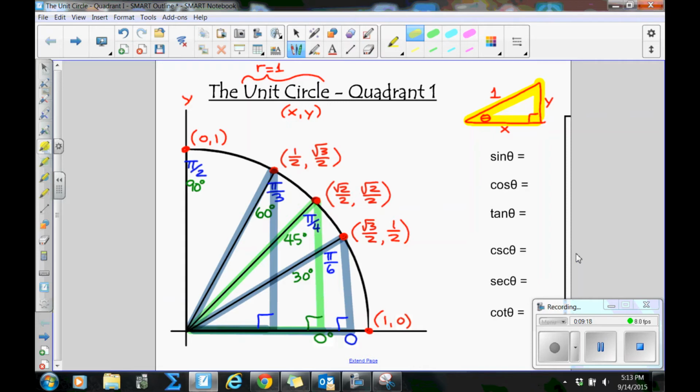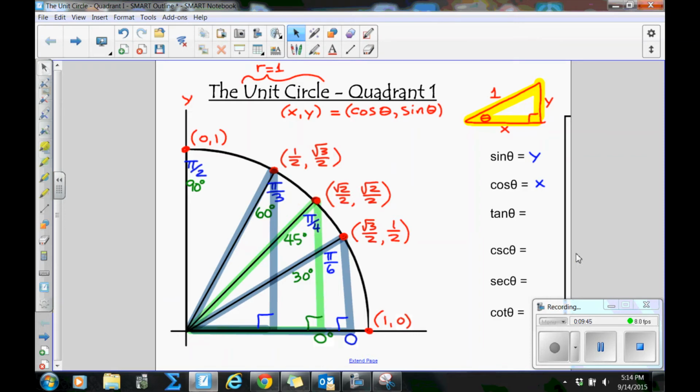Sine of any given angle is always opposite over the hypotenuse. Y over 1 is just y. Cosine is the adjacent over the hypotenuse. Cosine is x. That makes every single ordered pair that we just created a representation of the cosine of that given angle and the sine of that given angle.